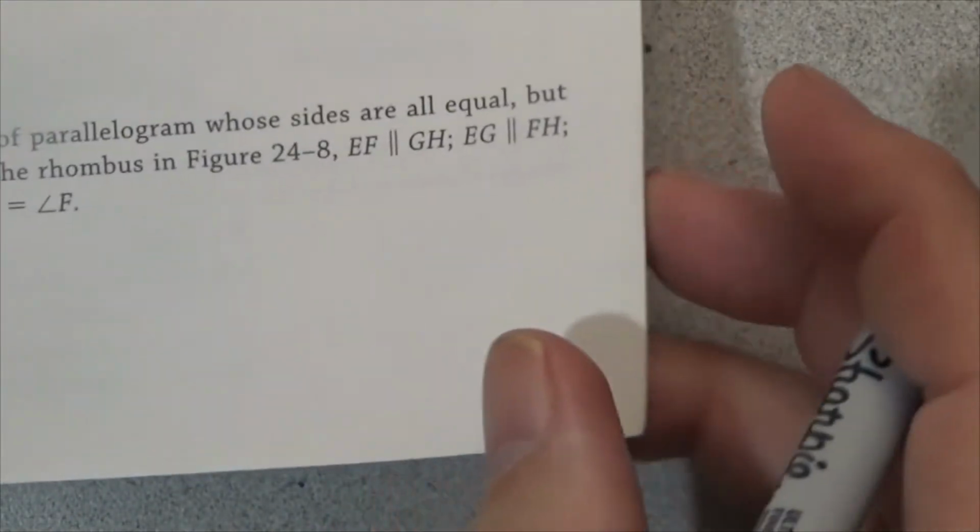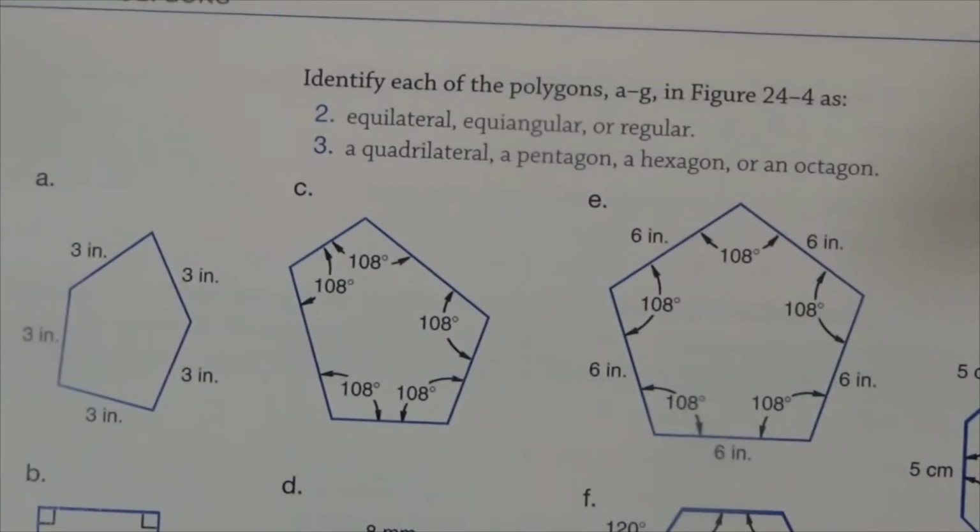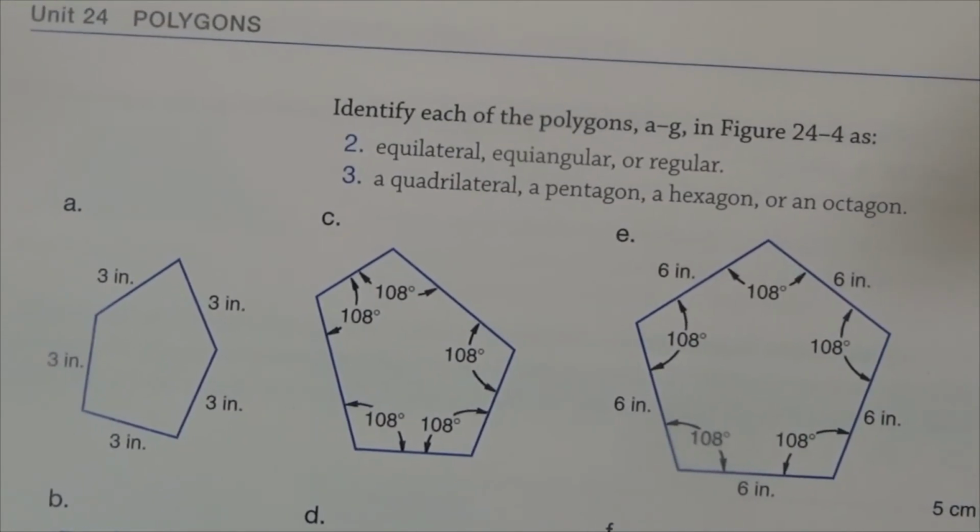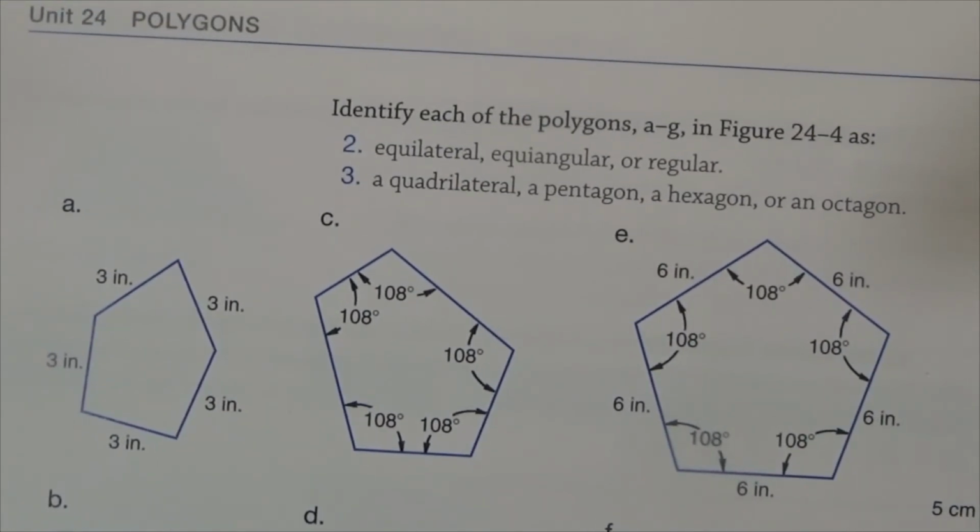So continuing on, let's look at the top of page 599. These pages are all falling out, so I can just take them right out. Okay, so what we have to do is identify each polygon as equilateral, equiangular, or regular.